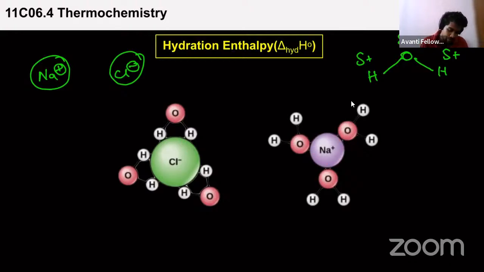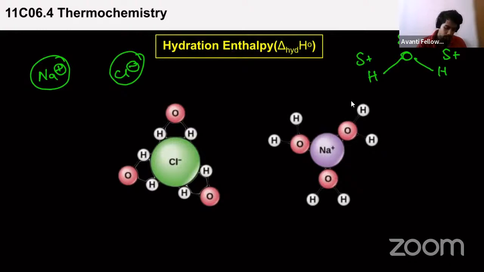Now, as chloride is surrounded by hydrogens, as the number of hydrogens surrounding the chloride ion increases, the hydration energy again increases. That's the only thing. You need to see how many interactions are there. As the interactions increase around the cation or anion, the hydration enthalpy increases. Now, tell me, are the chloride ion and the sodium ion the same? No, right? They are different. They have different sizes and a lot of other differences.